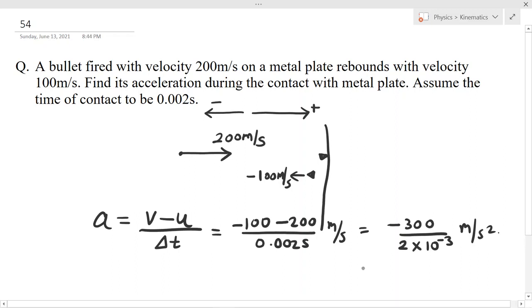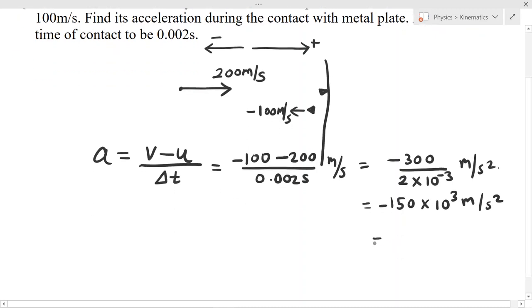So this is 150 into 10 to the power 3 meter per second square with a minus sign. I can also write this as minus 1.5 into 10 to the power 5 meter per second square. So this is the acceleration, and it is in the left direction as indicated by this negative sign.